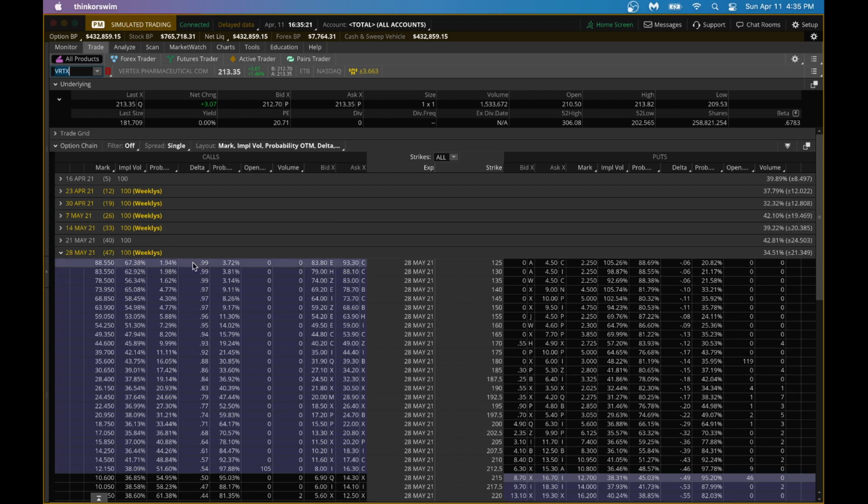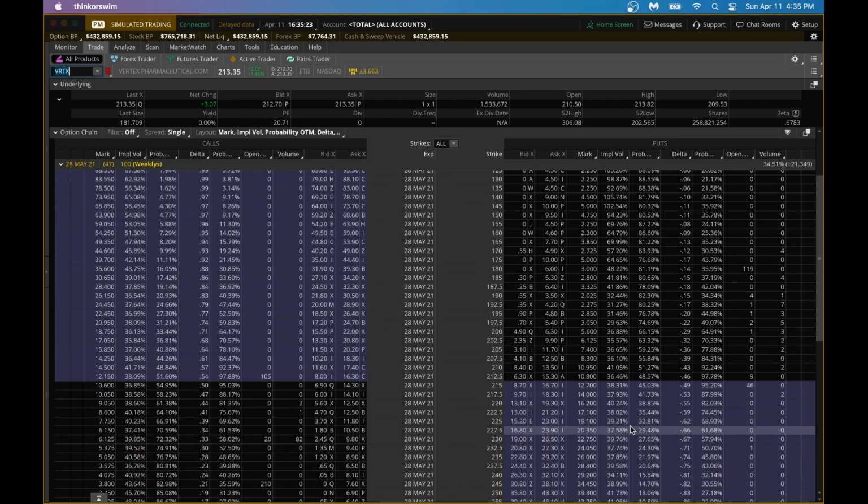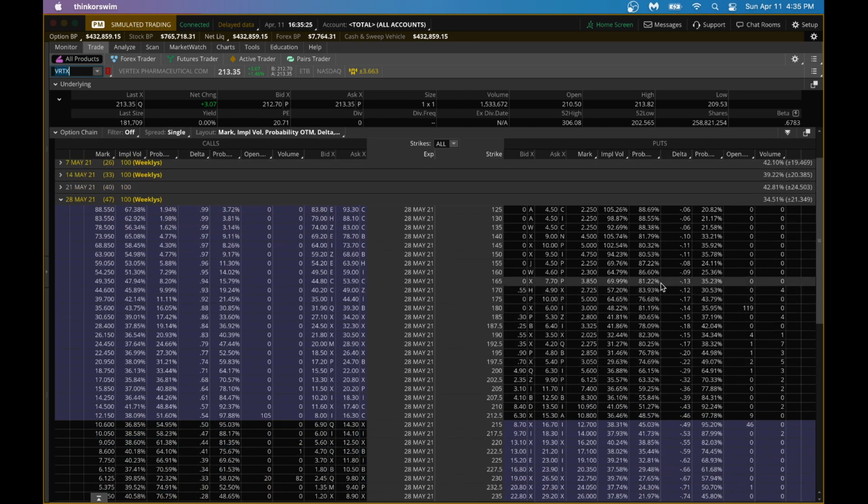So with 47 days out, I would go to around 30 delta or so, which is 270 here. You could go here, or I think you could even be a little more aggressive with this stock. 213, if you want to do even 200 and 190, you could do that too. Or if you want to do 195, 185, that'll give you a little bit less money.